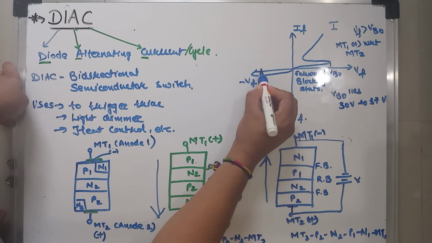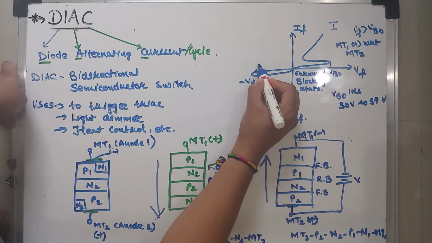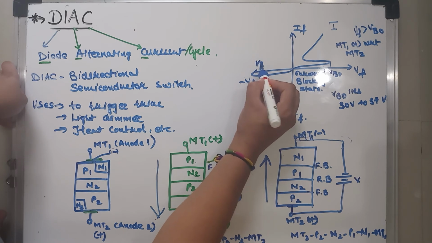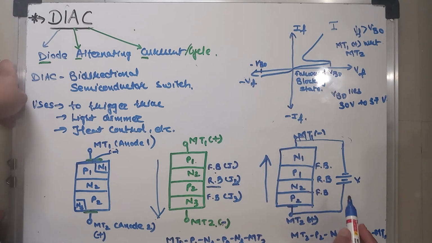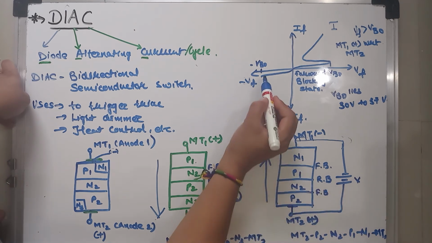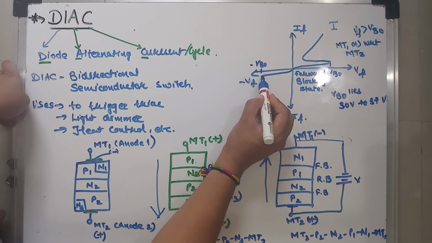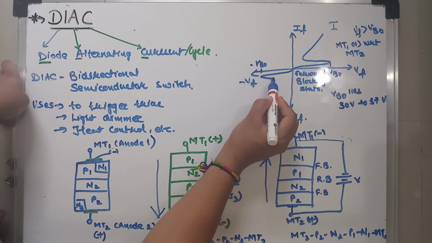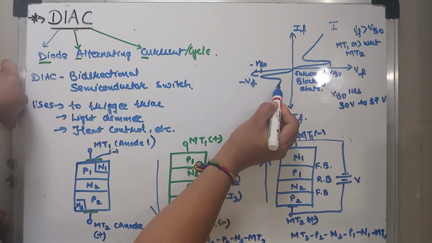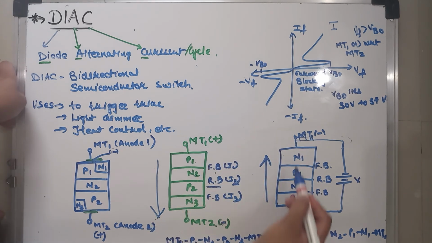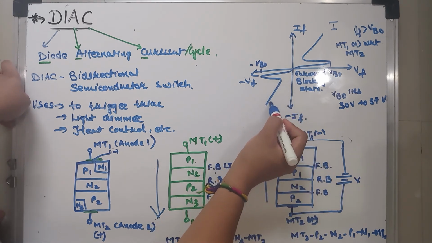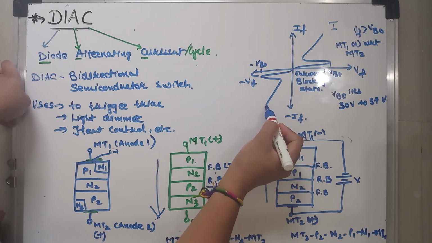Now when the applied reverse voltage exceeds the breakover voltage, suddenly there is an avalanche breakdown of the reverse bias junction, and your device transitions from the off state to the on state and suddenly starts to conduct, allowing current to flow from MT2 to MT1. So the current rapidly increases and the voltage across the device rapidly drops.